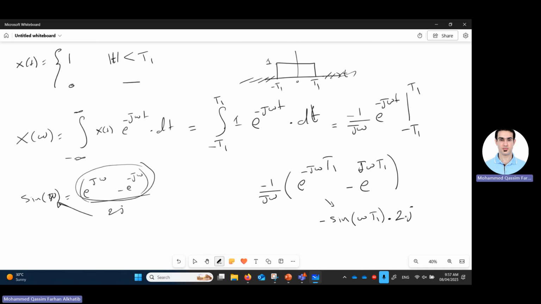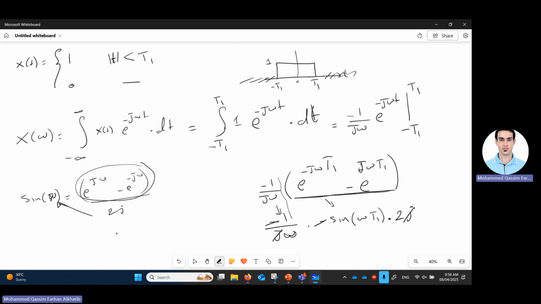So we multiply by 2j, and let's not forget our initial expression, negative 1 over j omega times this. So this one will go down there, and this expression is negative sine omega t1 times 2j. All right, so j and j will cancel. Negative and negative will go.